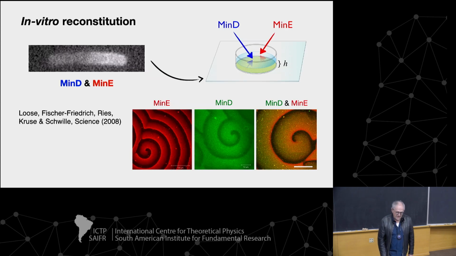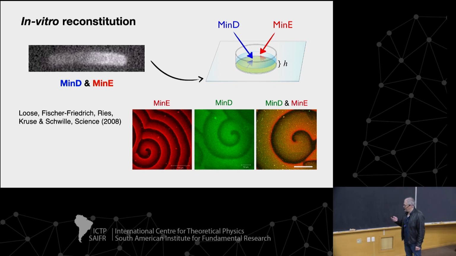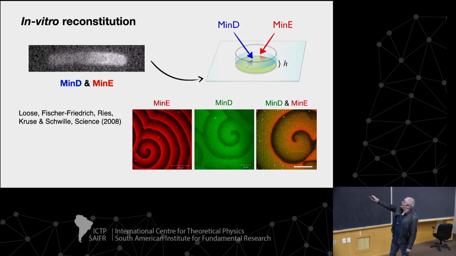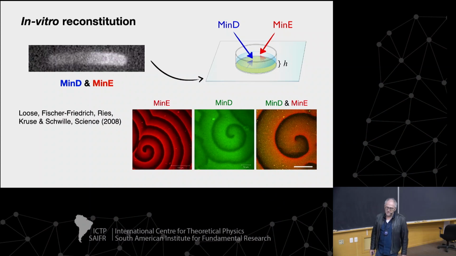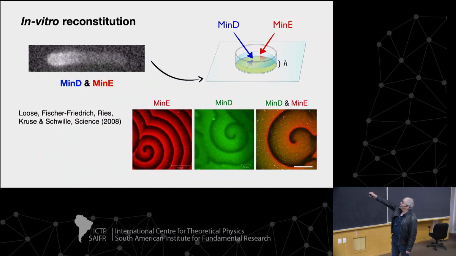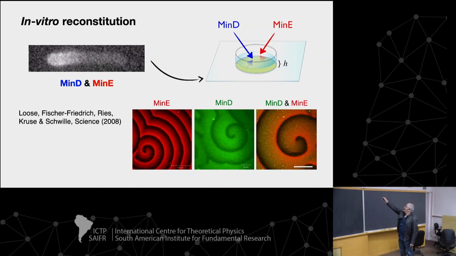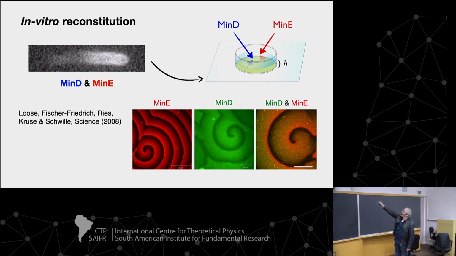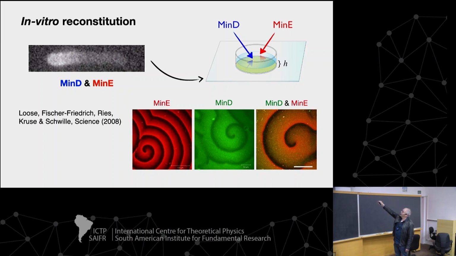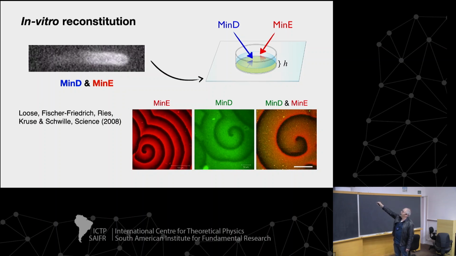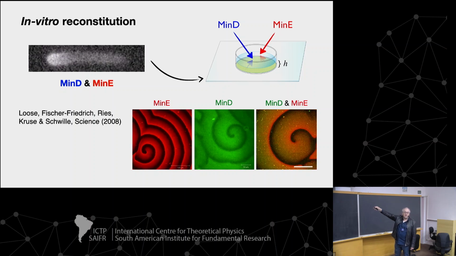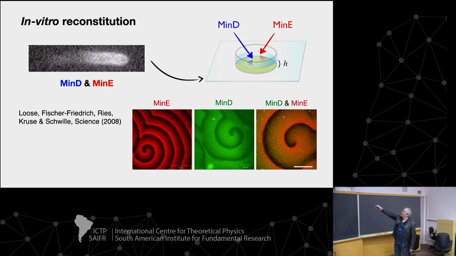So here we go. This is what I wanted to show you, that in addition to having the biological system that you want to study, so this one here, where you have the Min oscillation, I don't know whether the movies run or not, you can actually take the two proteins, MinD and MinE, out of the E. coli cell, put it in a container, in a Petri dish like so, where the membrane is on the bottom, and you have some fluid on top, and the fluid mimics the composition of the cytosol, not in full detail, but to some degree.